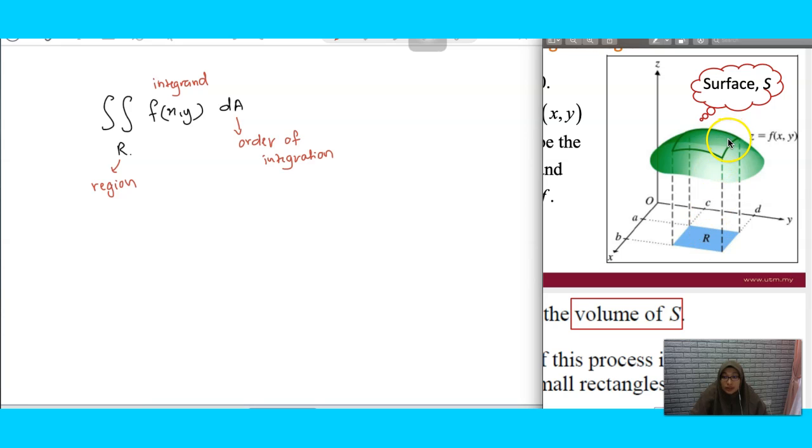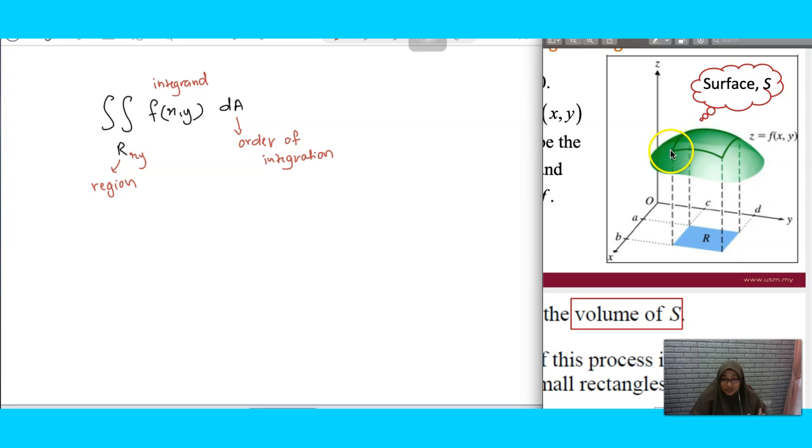Okay, so what is actually the region? Since we have a function in terms of x and y, the region must be lying on the xy plane. So what is the shape of the region?